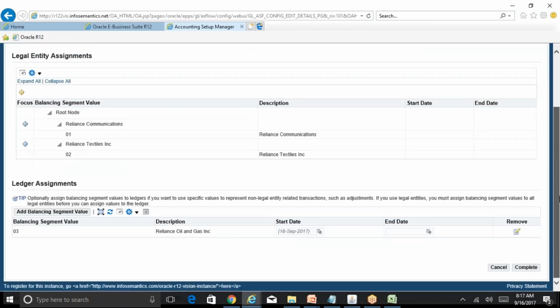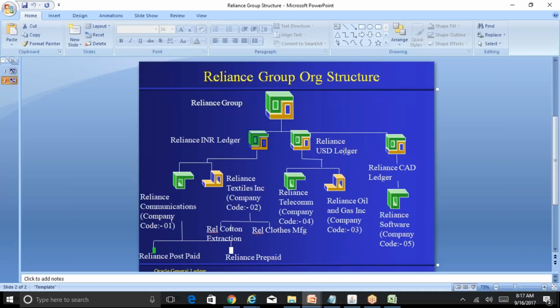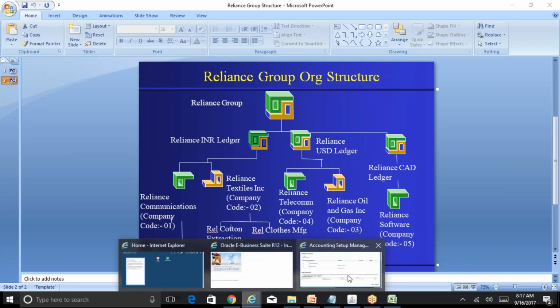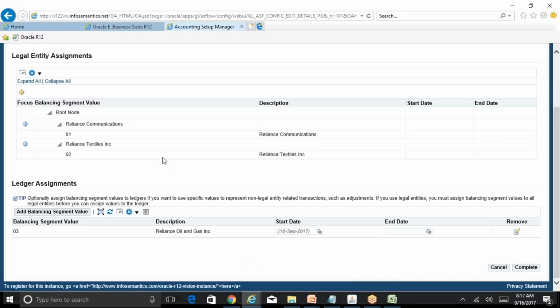So if you go here, last week what we have done is we have assigned the balancing segment value of 03. Ideally 03 belongs to another ledger. So we have assigned that 03 to this ledger, which is the INR ledger. If you assign one more balancing segment, say 04, then if you enter an intercompany journal between 03 and 04, then also it is called an intra-company.